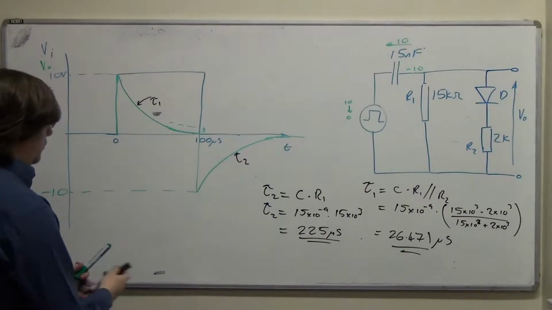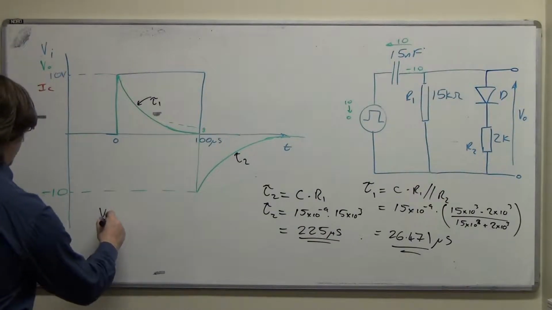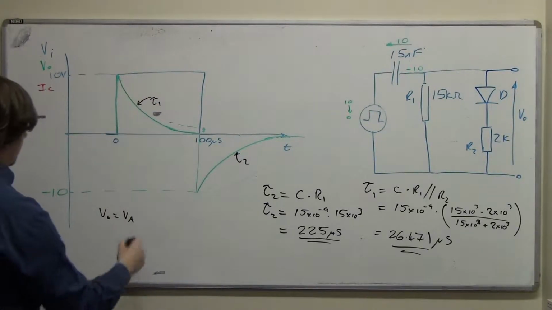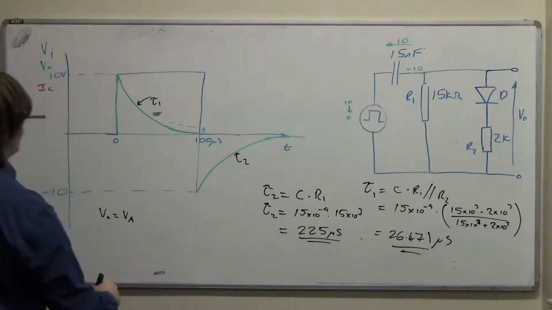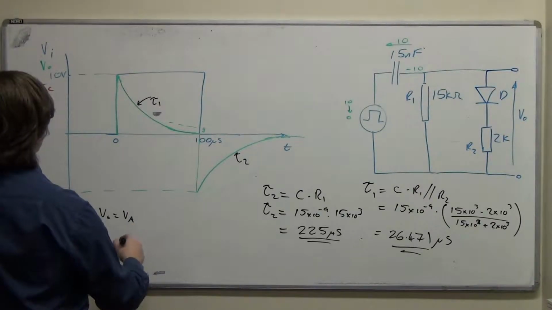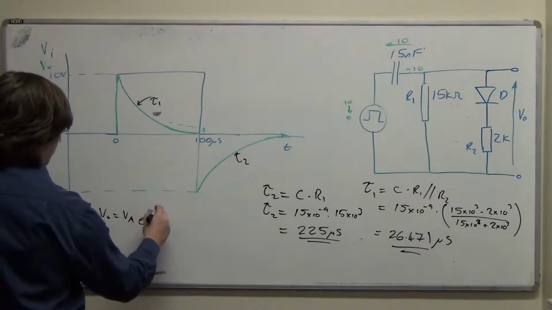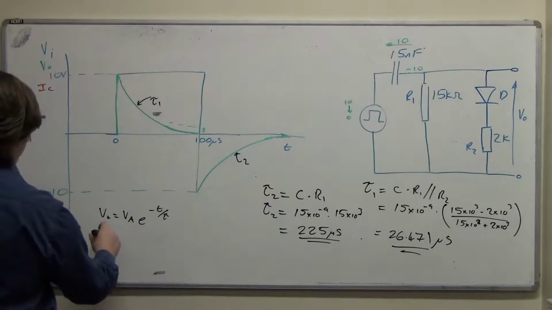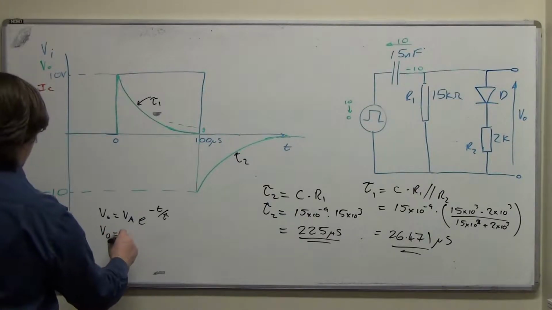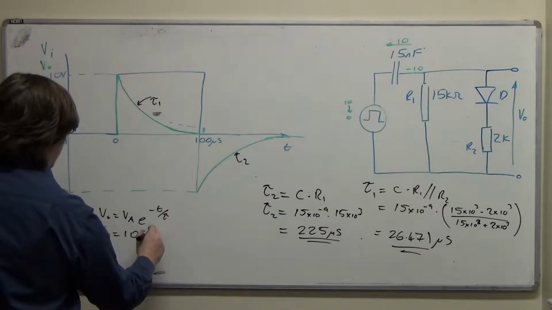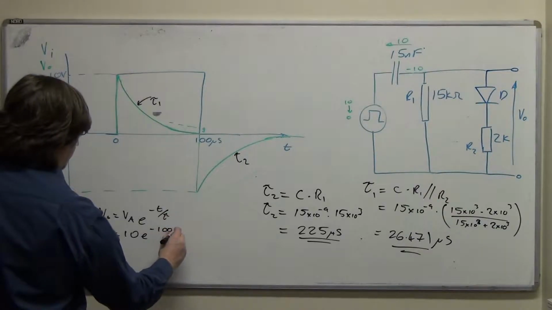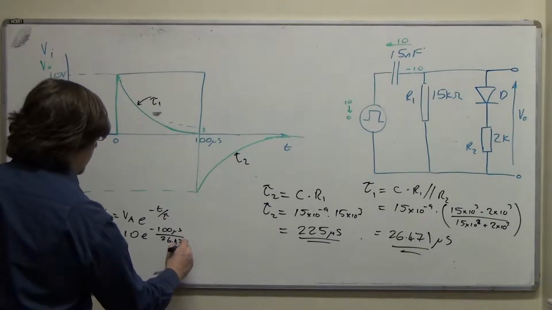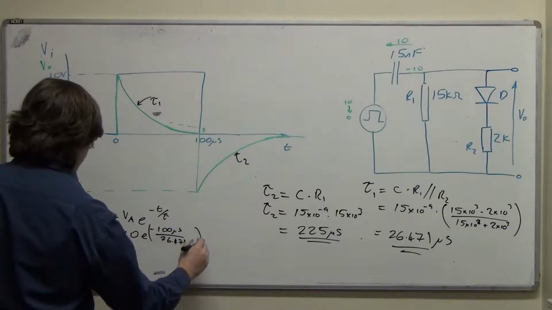That's to say, you do V out is equal to VA, and VA would be 10 volts in this case. I'm sorry, it's the other equation, isn't it? Yeah, e to the minus t upon tau, and you sub in the time. So we do VO is equal to 10 e to the minus 100 microseconds over 26.471 microseconds, all in brackets.